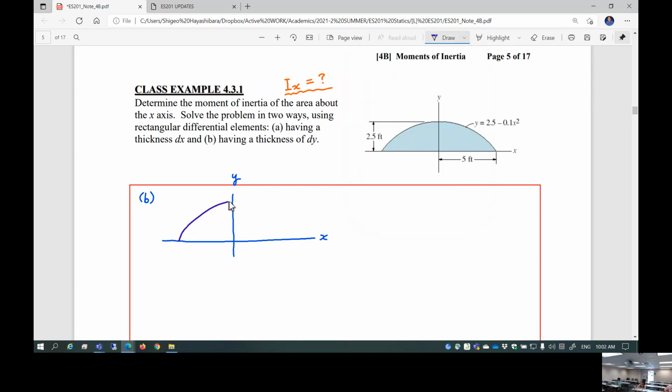I'm going to exaggerate a little bit. The function given is y equal to 2.5 minus 0.1 x squared. So this is the function, y as a function of x. I'm going to carefully choose an arbitrary location y, and then I'm going to cut out a very thin strip.